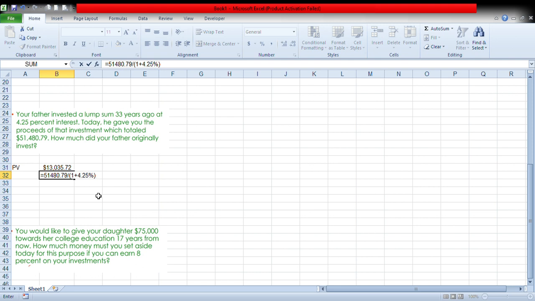What is the n? N is 33. Understand? So you will get the same answer. This is the Excel function, this is mathematical.